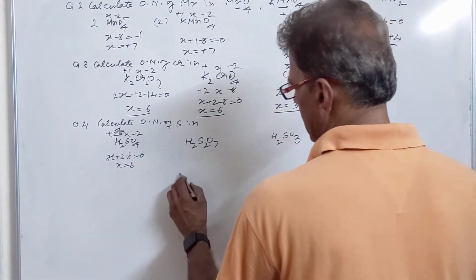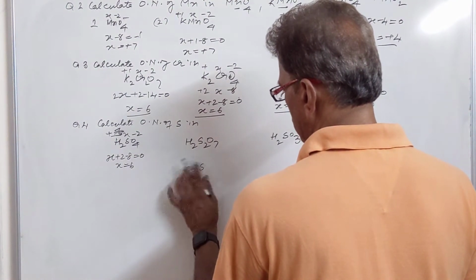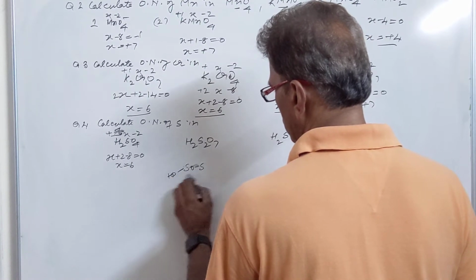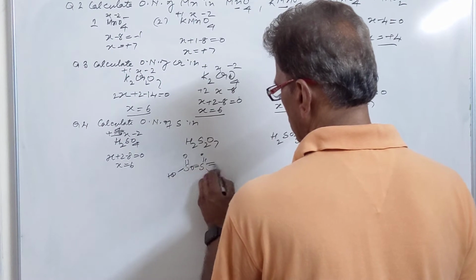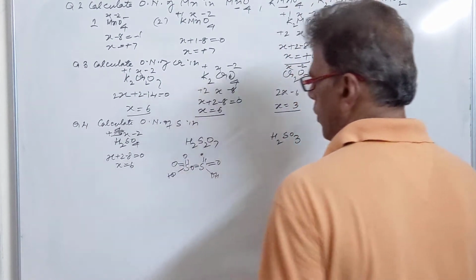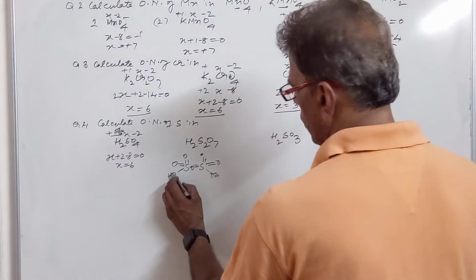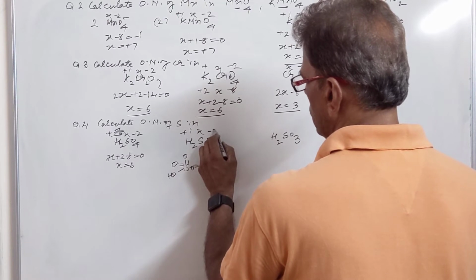In this case, let us see what is the structure of H2S2O7. The oxidation number of sulfur will be x, plus 1, minus 2.